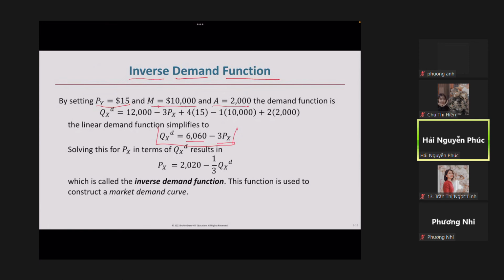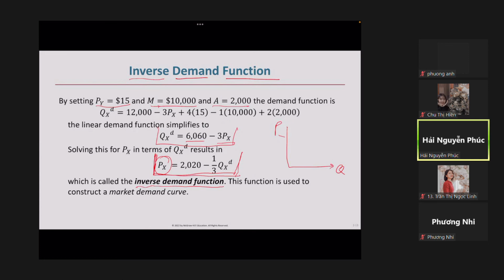We are going to derive the so-called inverse demand function. This one is the inverse demand function. Why? Because this way, we can illustrate Px as a function of Qx, the price as a function of quantity. If you look at the graph, the quantity is on the horizontal axis and the price is on the vertical axis.